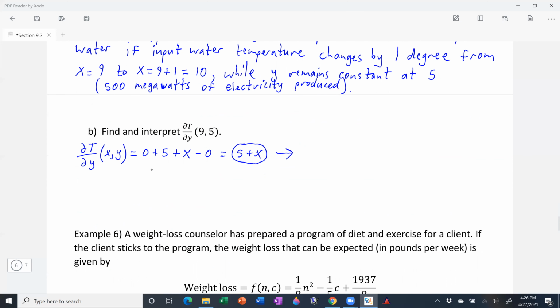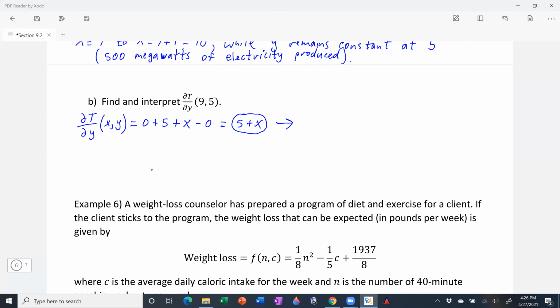Just so I don't run out of room, because I do need some space to write my sentence, if we do the partial of t with respect to y evaluated at 9, 5, 9 goes in for x, 5 goes in for y. There's no y to plug in, so we just do 5 plus the x, which is 9, and so we get 14.